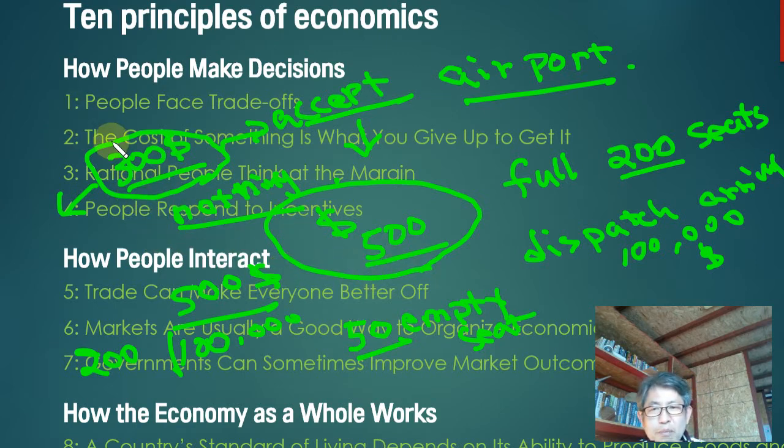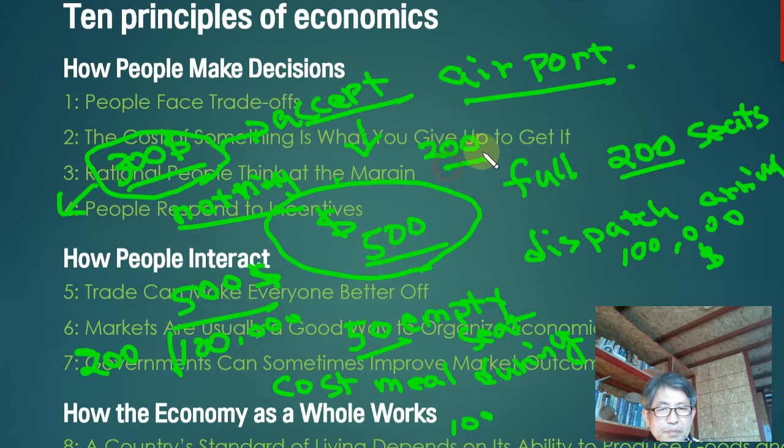For this additional person, they only consume the cost of a meal during aviation, at most maybe 100 bucks. Then the company makes a profit of 200 bucks. This is marginal. We call this one marginal.